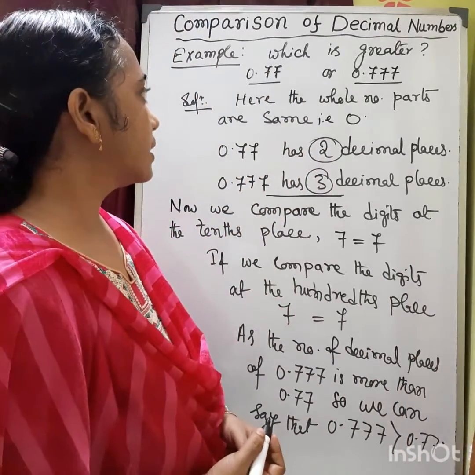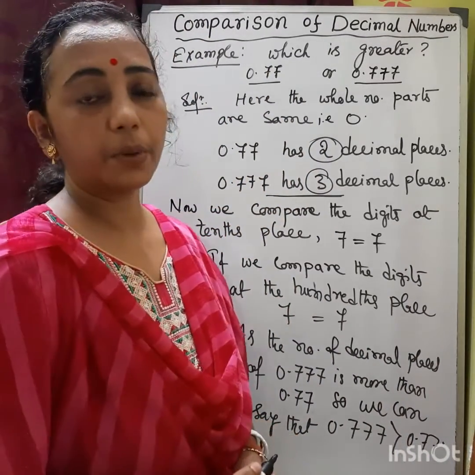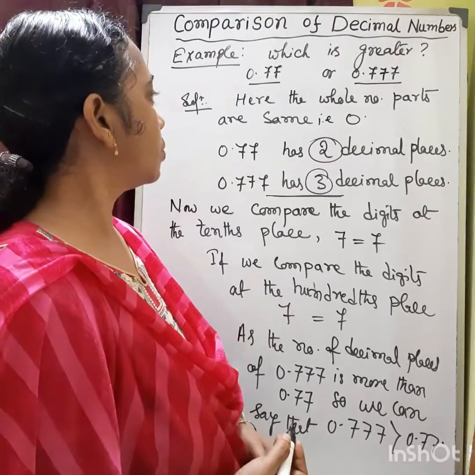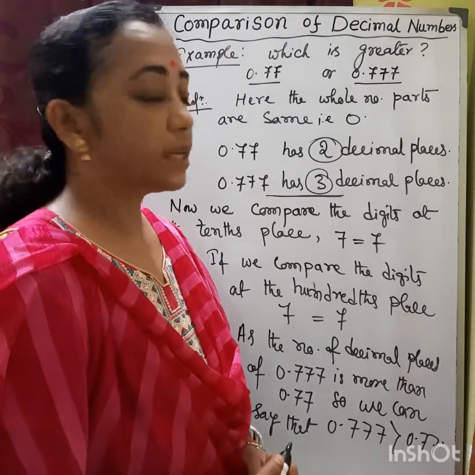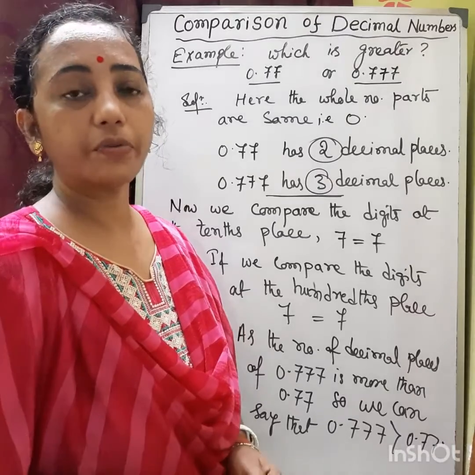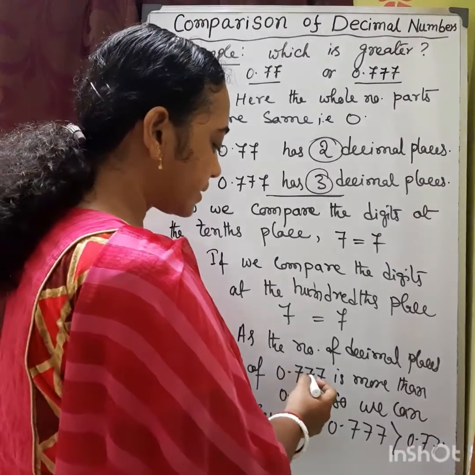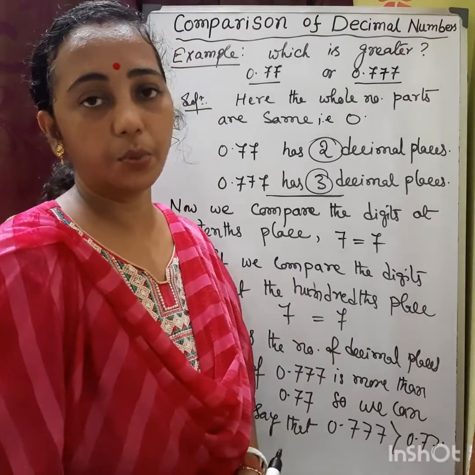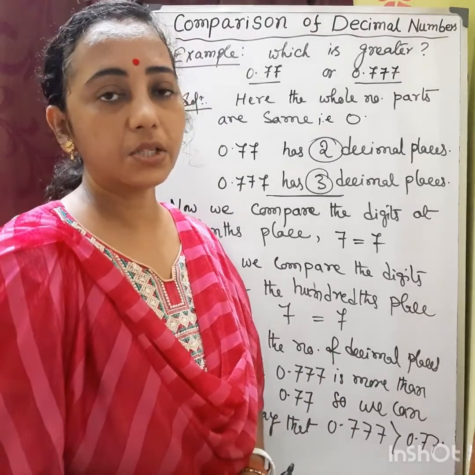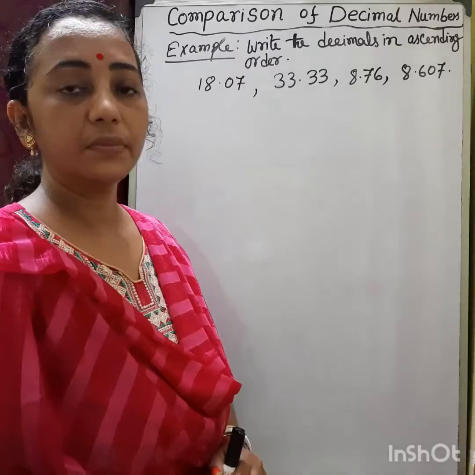Or if we convert the first decimal number to like decimals, if we put one more 0 and compare their thousandths place, then also we will see that 7 is greater than 0. That means 0.777 is greater than 0.77. In this way also we can compare them.